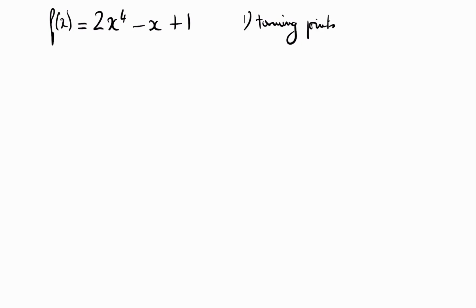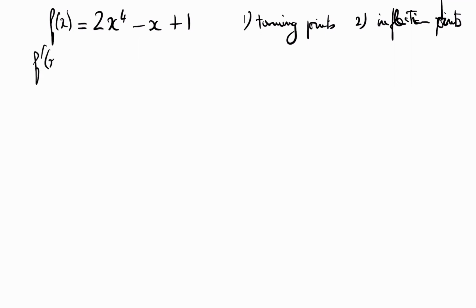Right, let's consider, for example, f of x equals 2x to the power of 4 minus x plus 1. And we want to find, 1, the turning points, 2, the inflection points. So, turning points.